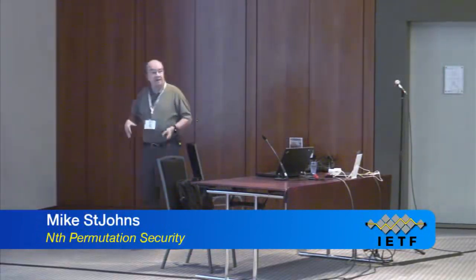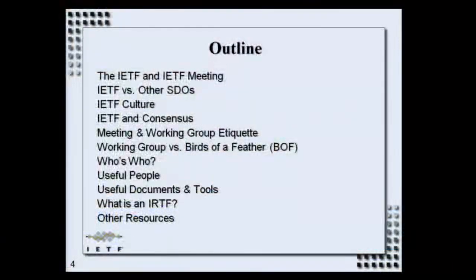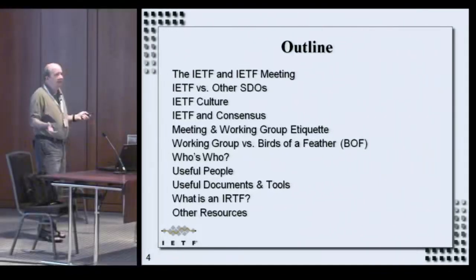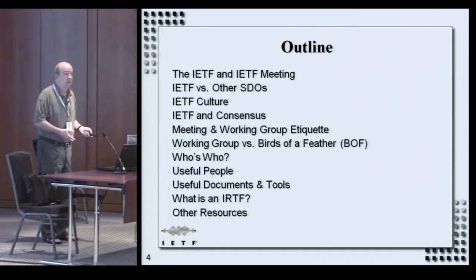We'll talk about the IETF and the IETF meeting. We're going to talk about how the IETF differs from other standards development organizations. We're going to talk a little bit about the IETF culture. We're going to talk about how the IETF makes decisions, or IETF consensus. Give you a little bit of a hint of what we'd like to see from you in terms of etiquette inside meetings and working group sessions.